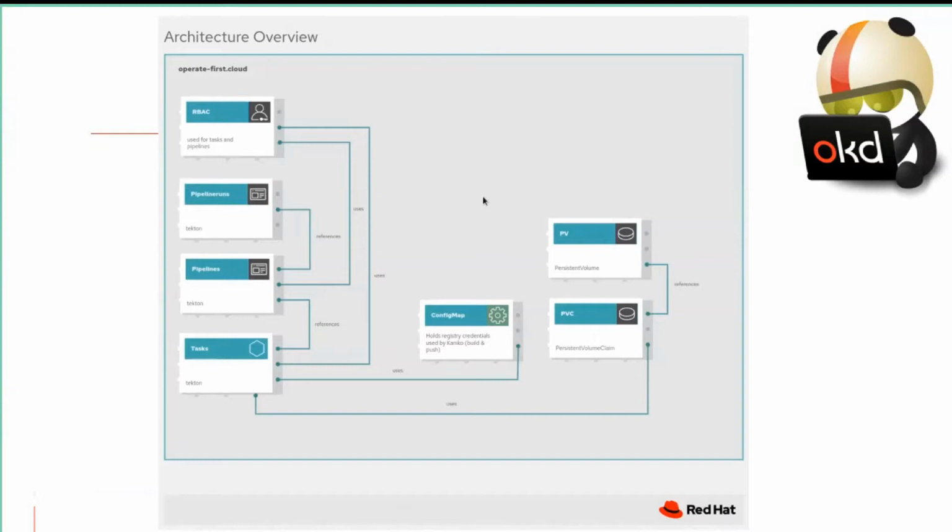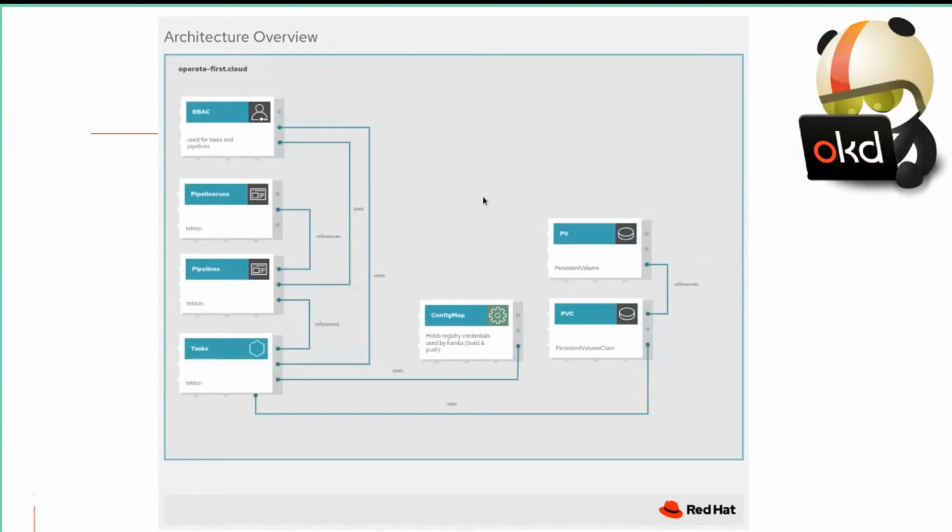We have pipeline objects, and we have task objects. The tasks really could be something like git clone, build a Golang program, put it into a Docker image, that type of thing. This is what we mean by tasks.